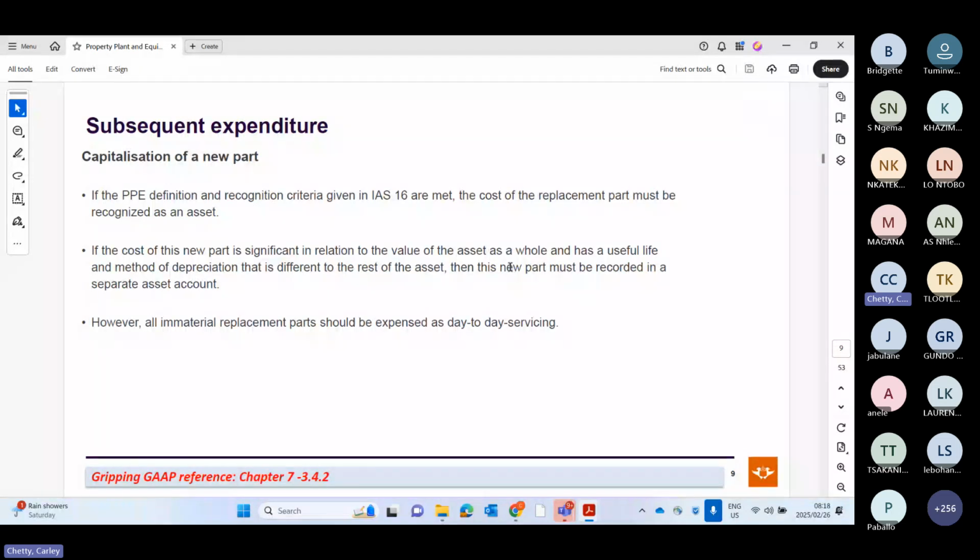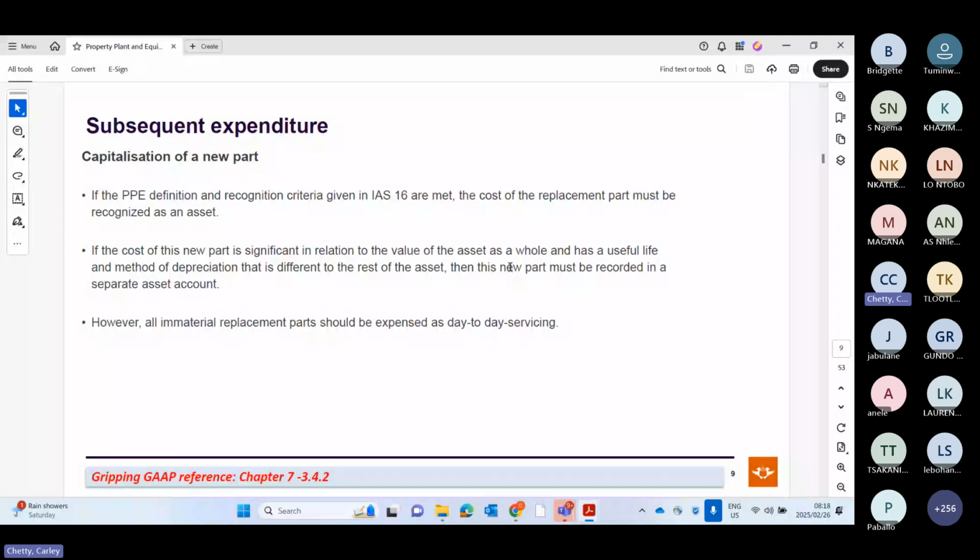Think of an airplane: it will have an engine, the chairs inside, and the body of the plane. All of these could have different useful lives, and the value of these things will be significant by themselves. So in that situation, we would record these items separately for, say, an airplane.